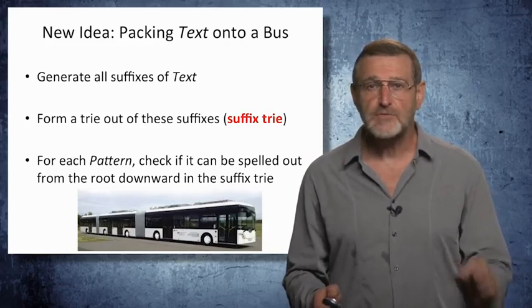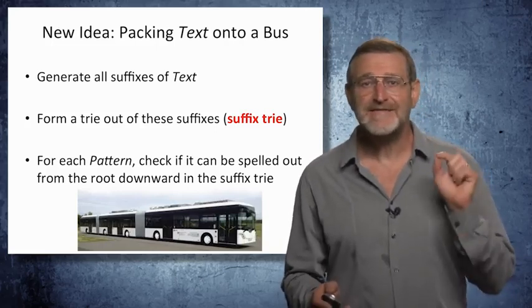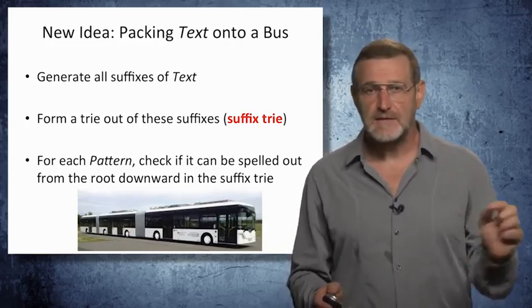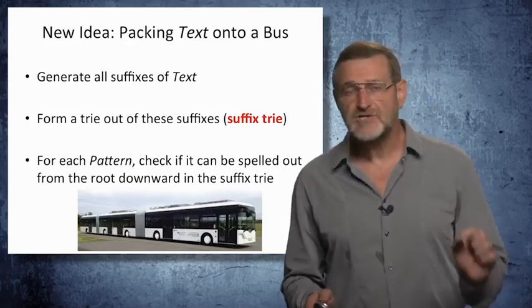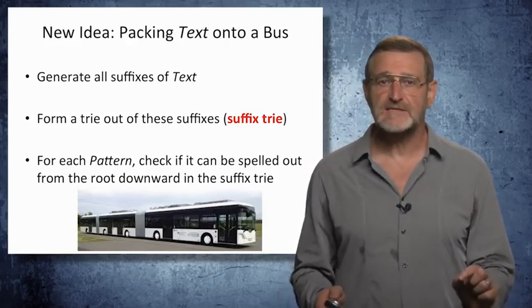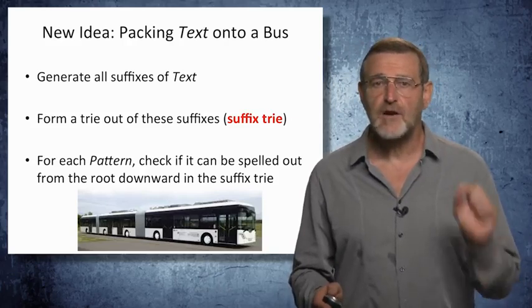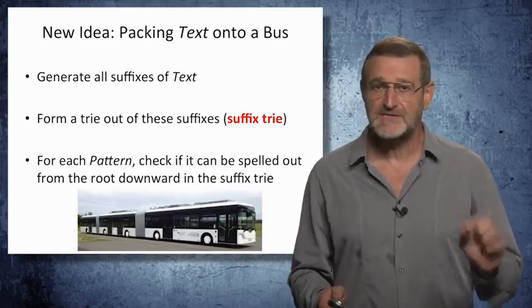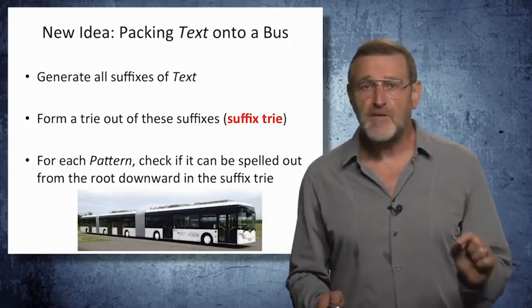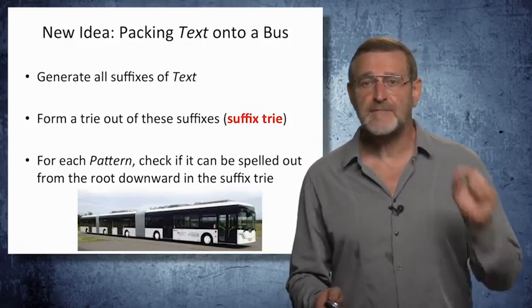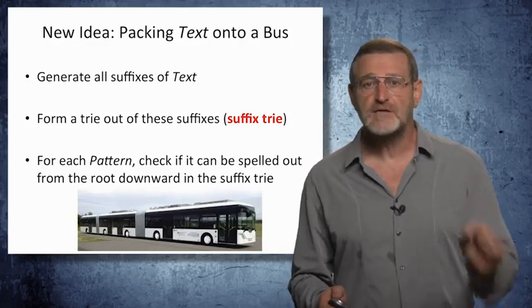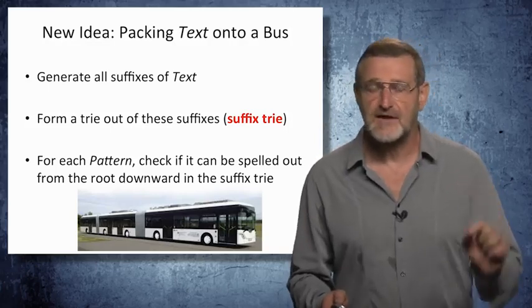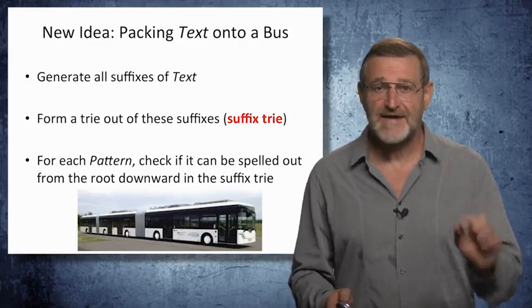But the runtime of trie matching is only O of text times the length of the longest pattern. And typically in modern sequencing, the reads have lengths of only 200, 300 nucleotides. So it looks like finally we are done. Should we go home? We are not ready to go home just yet.